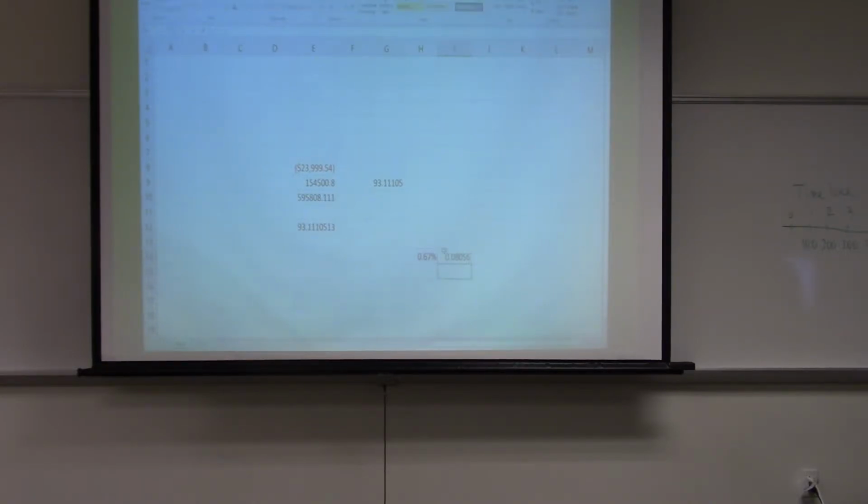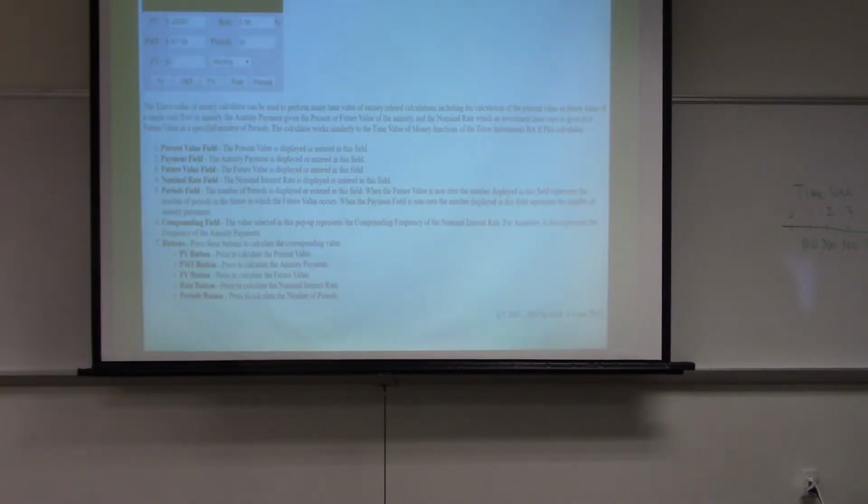You could also change that on the calculator to annual, and it'll give you the monthly rate. This will be your monthly interest rate. If you want the annual interest rate, you make it monthly, and this will be your annual interest rate.